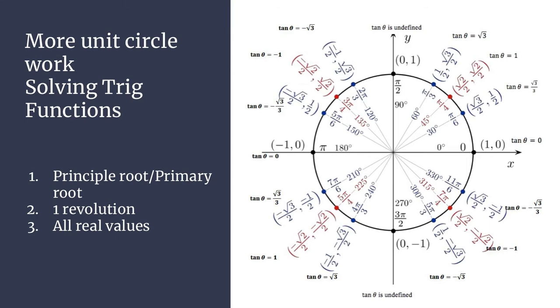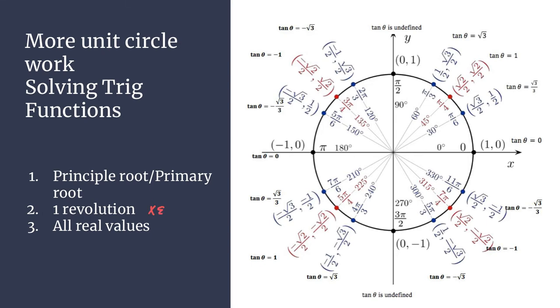So today we're going to continue with that solving idea where we are taking inverse sine and arc sine interchangeably. We're going to again use the same directions we talked about the other day. You're going to be asked to find the principal root or the primary root. You're going to be asked to find all roots in one revolution.